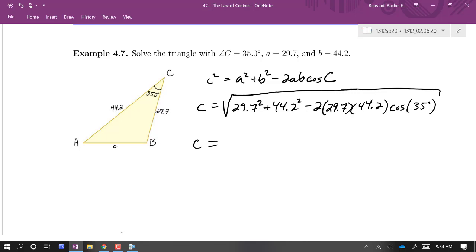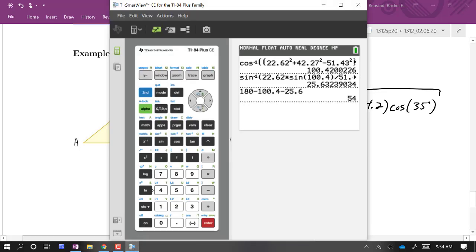I just got a domain error, or non-real answer. 26.2. Okay, I want to find my error though. Hold on.